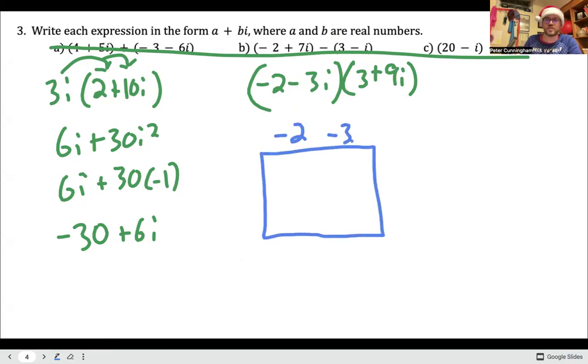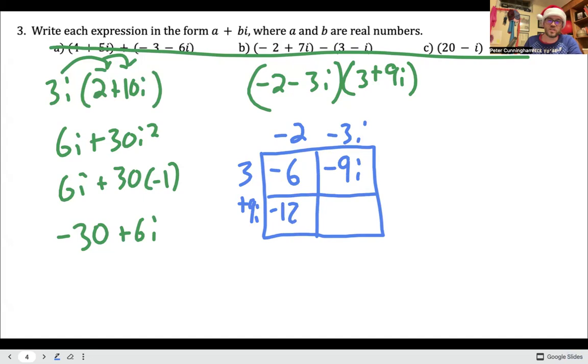Negative 2 minus 3i and 3 plus 9i. Lost my mojo there for a minute. Let's get it back. 3 times negative 2, negative 6. 3 times negative 3i, negative 9i. 9i times negative 2, you get negative 18i.